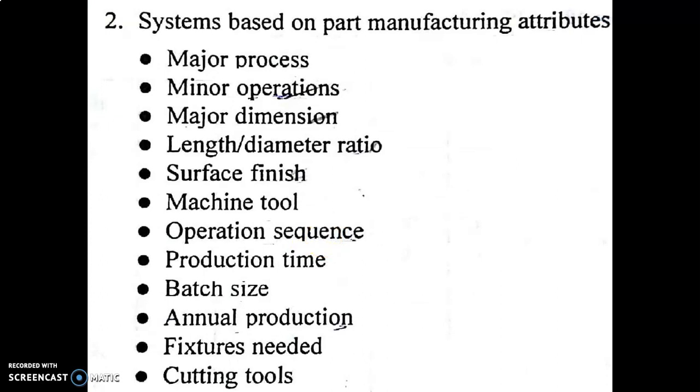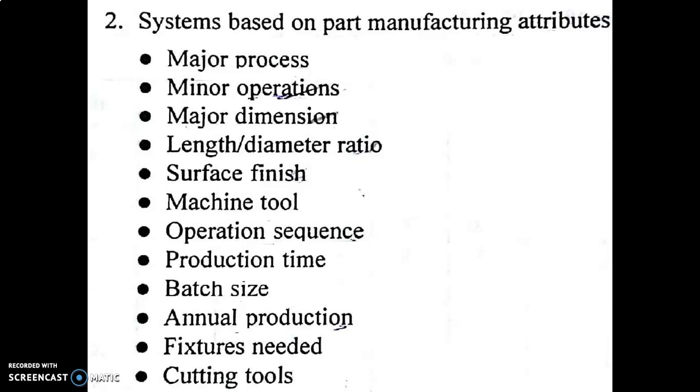Now we will discuss the manufacturing attributes. Major processes: suppose your part needs to be passed through milling or turning, or it requires some other special machining operation.